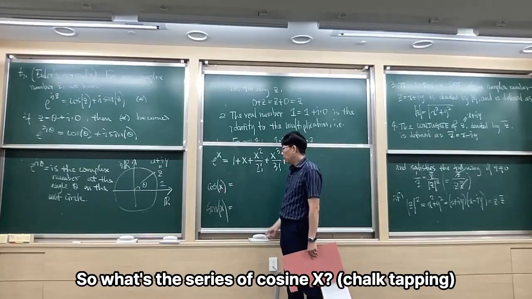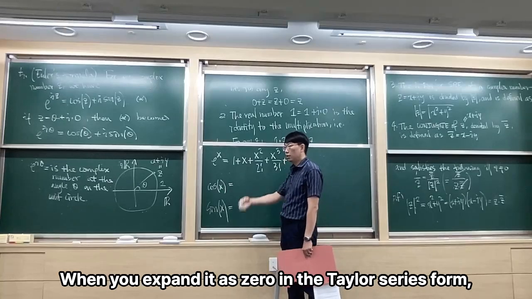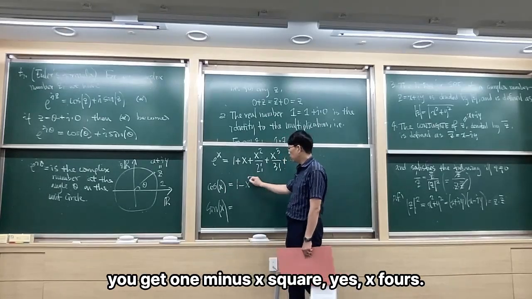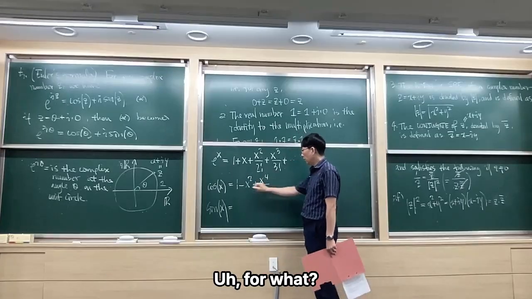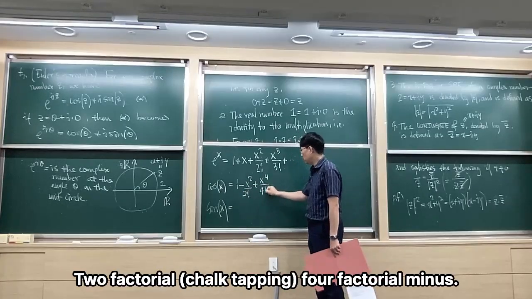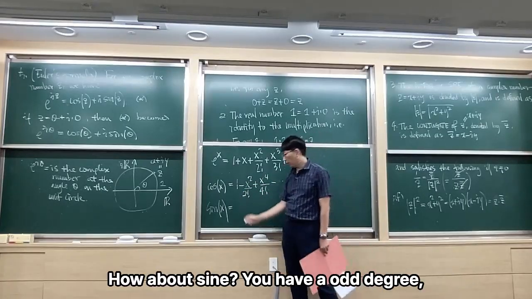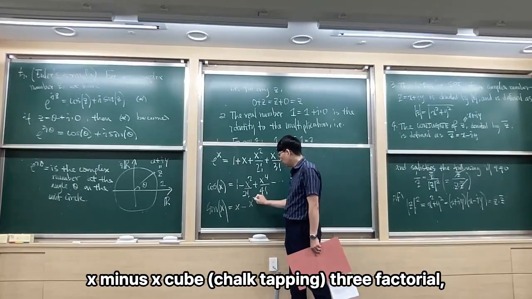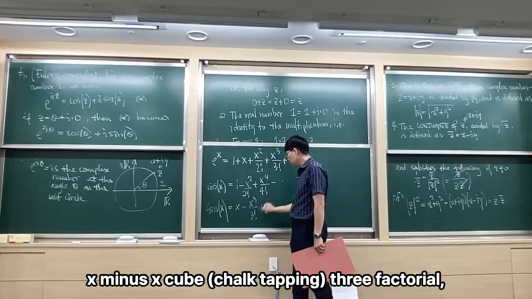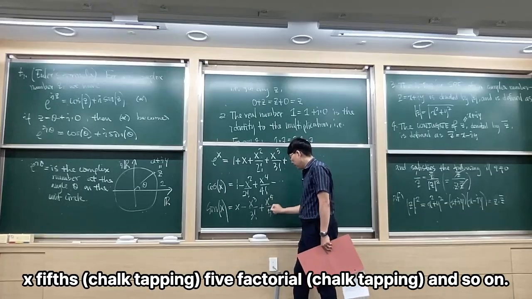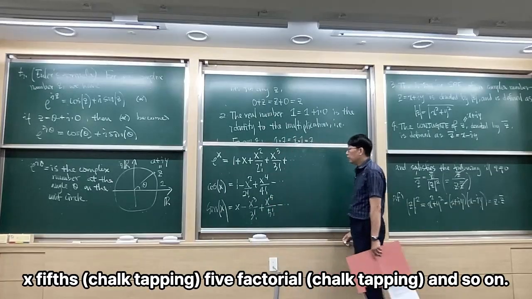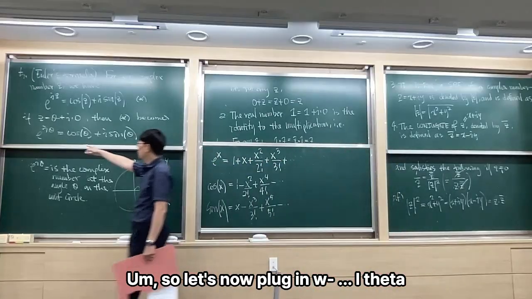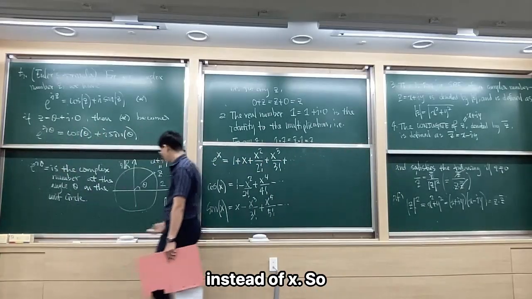So what's the series of cosine x? When you expand it at 0 in the Taylor series form, you get 1 minus x squared over 2 factorial, plus x to the fourth over 4 factorial, minus, and so on. How about sine? You have odd degrees: x minus x cubed over 3 factorial, plus x to the fifth over 5 factorial, and so on. So let's now plug in i theta instead of x.